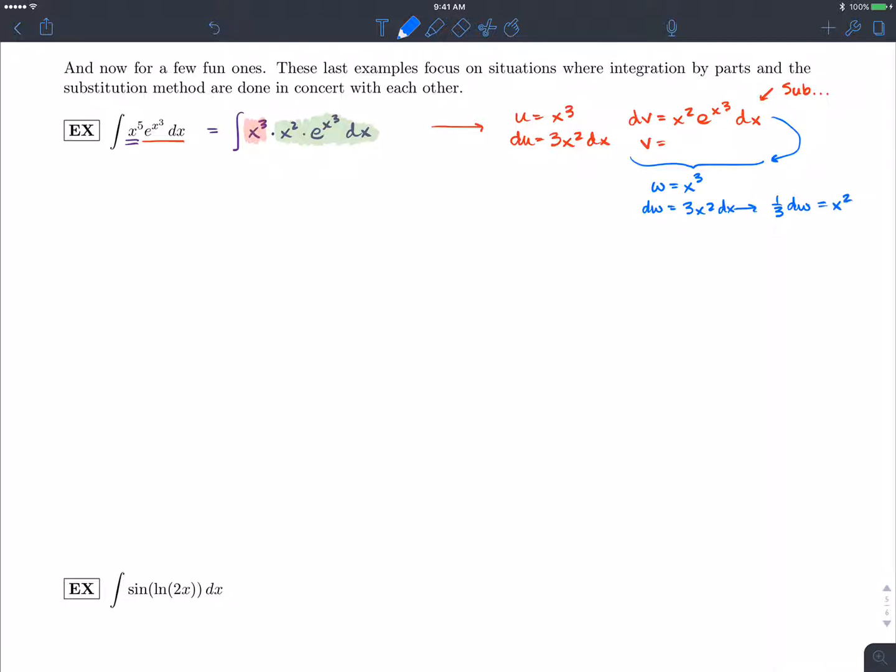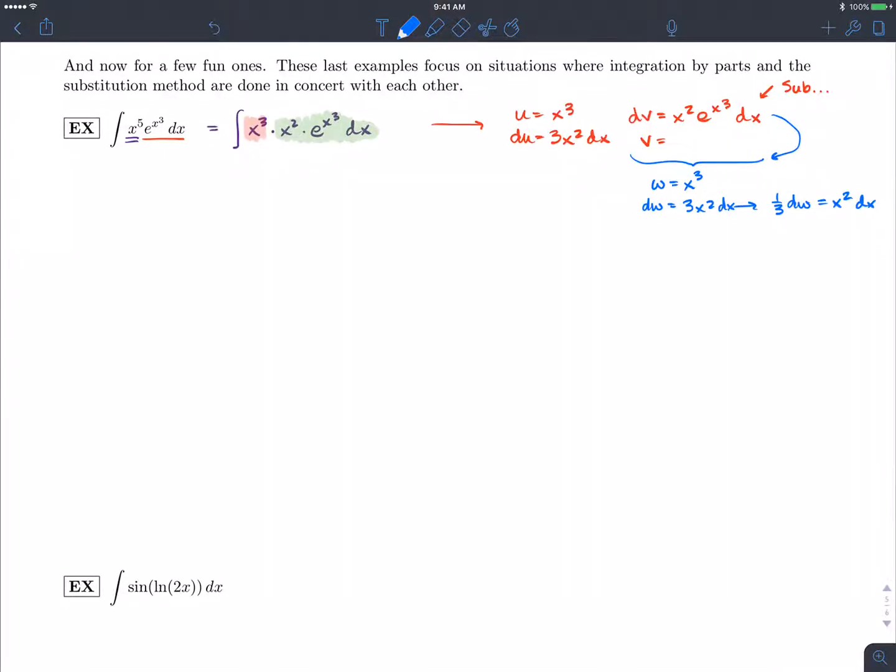So now we're going to do the w sub on this integral right here, and call this 1/3 times the integral of e to the power of w dw, which is just going to give us 1/3 e to the power of w, which is just going to give us 1/3 e to the power of x cubed.